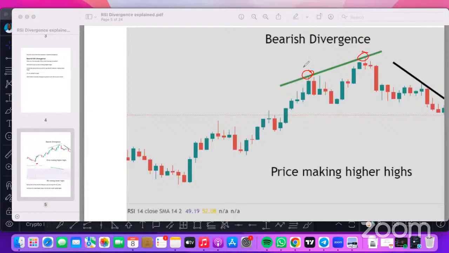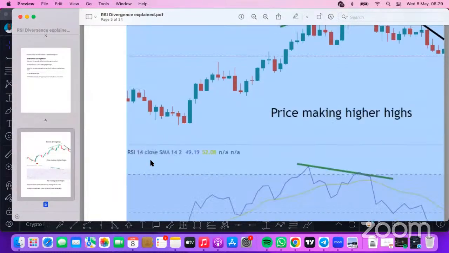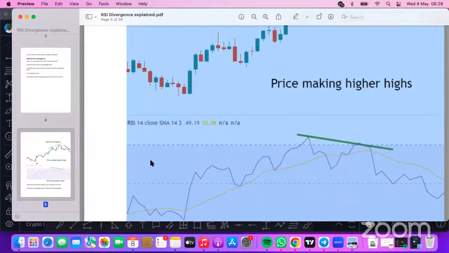So the market is forming these higher highs. At the same time, when you come down to look at the stochastic RSI, the price is making higher highs.